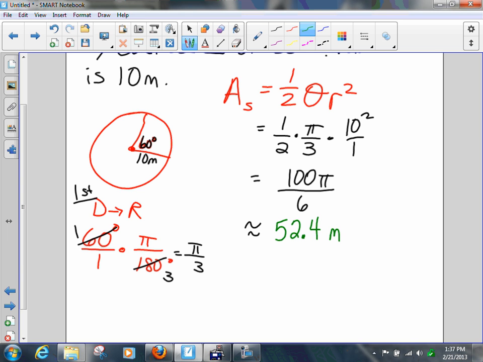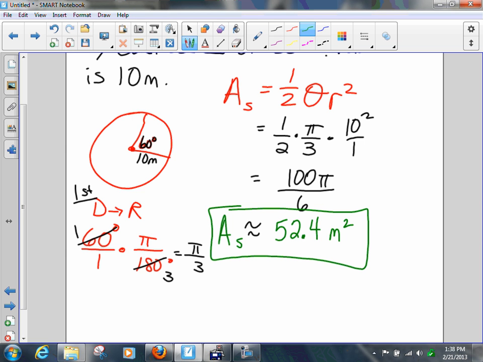Meters squared. There we go. And that's another common mistake, that you don't know what you're solving for. Degrees, radians, no. Meters squared, we're solving for area. Okay?